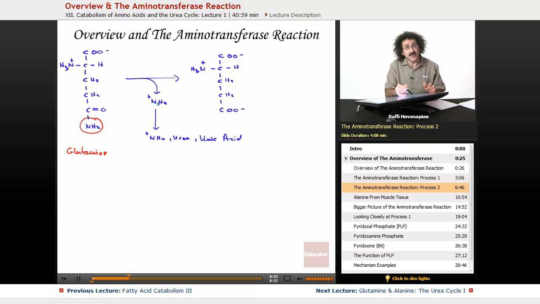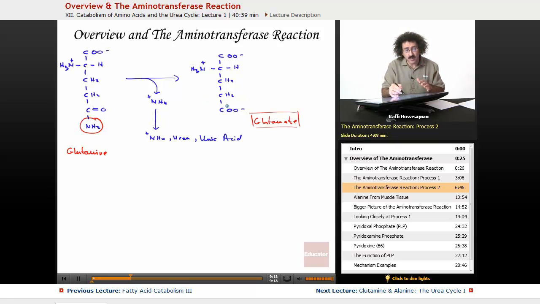They give it up as the NH4, and that goes on to either be used in biosynthesis or excreted as urea, uric acid, or NH4. So this is another, and this right here, when it gives it up, it turns into this molecule glutamate. And again, as we saw, glutamate is the central molecule in this amino group metabolism. So glutamate, very, very important molecule.